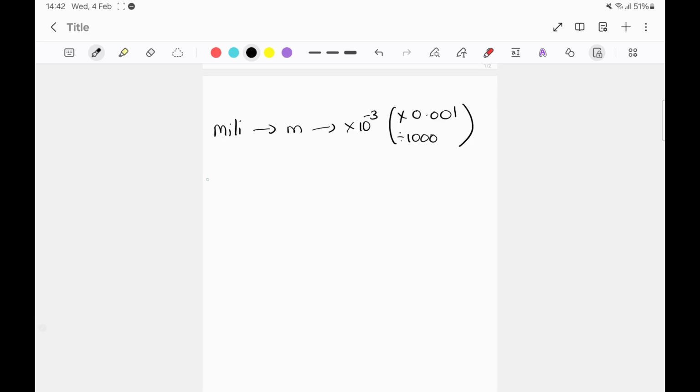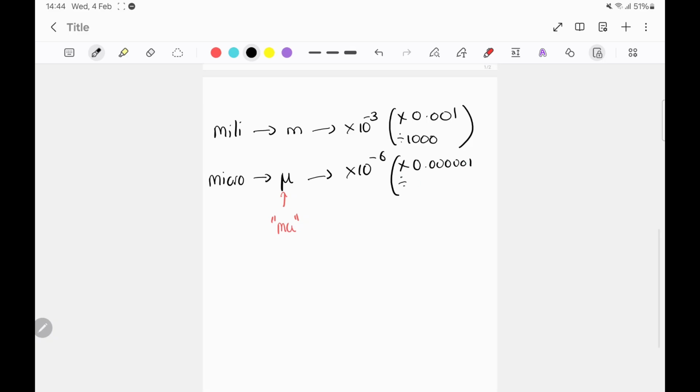We then get micro, which has this funny u symbol. This symbol is a Greek letter, pronounced mu. And this is times 10 to the minus 6. So this is either multiply by 0.000001, or we divide by a million. There is then nano, which is just a lowercase n, which is times 10 to the minus 9.